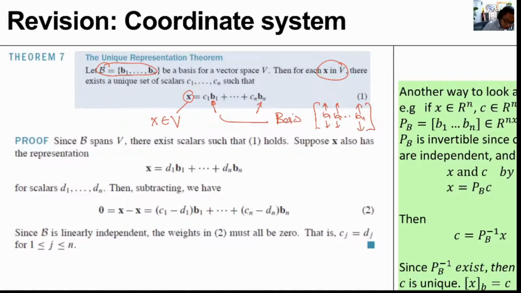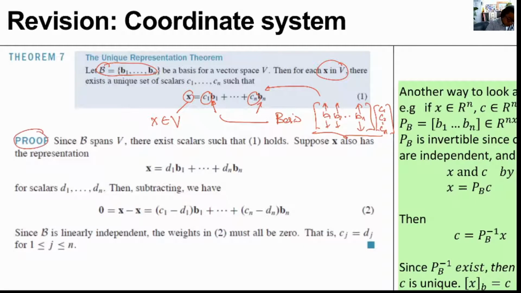And we can find scalars c1, c2, and cn such that we perform a linear combination of the b's. And since the basis vectors are independent, the coordinate scalars c1 to cn are unique.